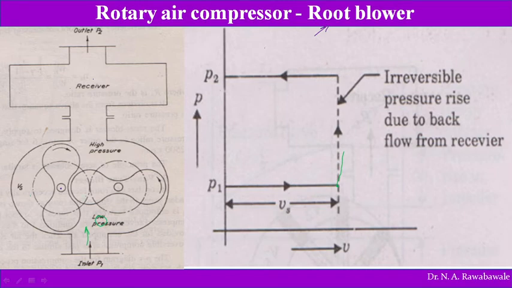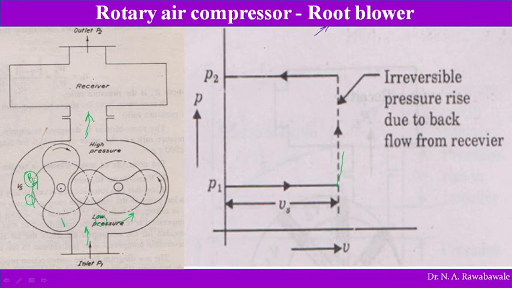This lobe forces the air from the right hand side, the second lobe forces the air trapped here from the left hand side, and both lobes help this air to be squeezed out into the receiver. As soon as region B opens to the reservoir receiver, suddenly pressure increases.